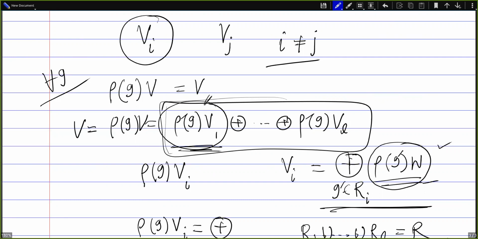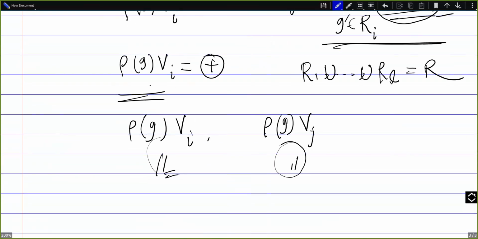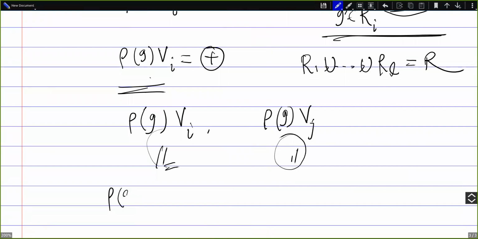So this is also the same canonical decomposition of the representation of res H, but possibly the summands occur in a different order. That means each rho g Vi is actually some Vj.